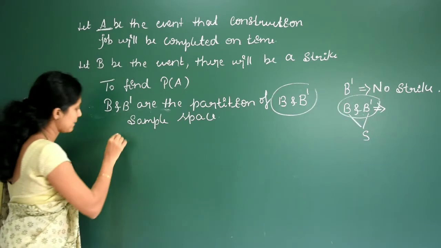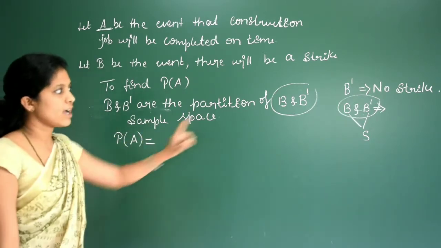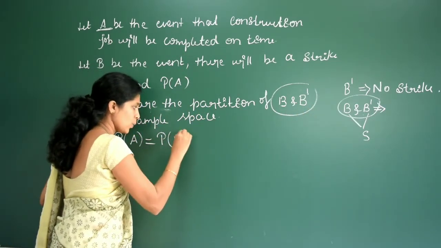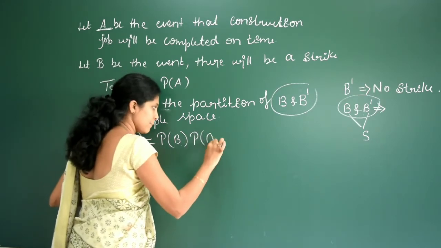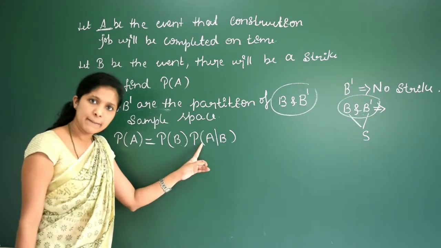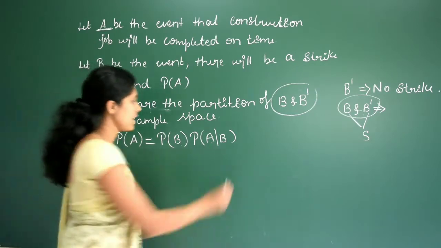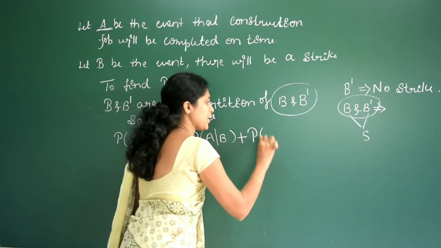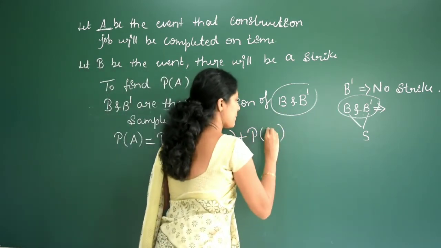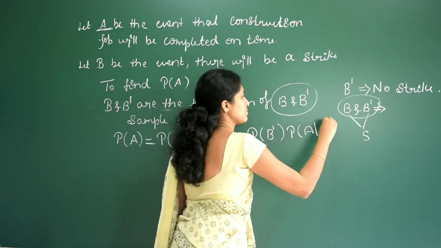Now, you have to find probability of A. Let us write the formula. Probability of A: here partitions are B and B dash. So what we can write? Probability of B into probability of A by B, where B has already occurred and you are finding the probability of A, plus probability of B dash into probability of A by B dash.